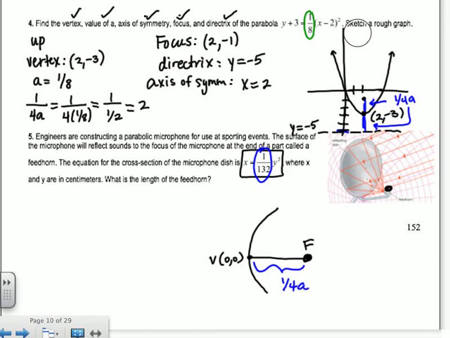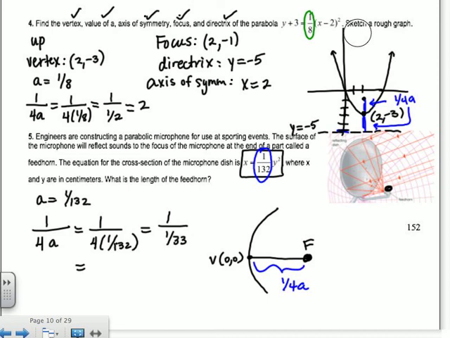So let's find out what 1 over 4a is. So a is 1 over 132. So 1 over 4a is 1 over 4 times 1 over 132, which is 1 over 33. So 1 divided by 1 over 33 is 1 times 33 over 1. So it's 33 centimeters. So that's how far it is away.